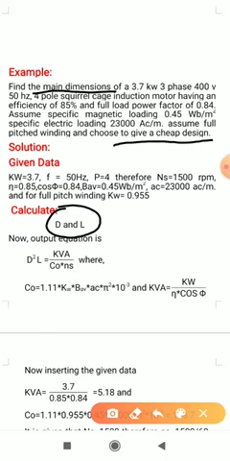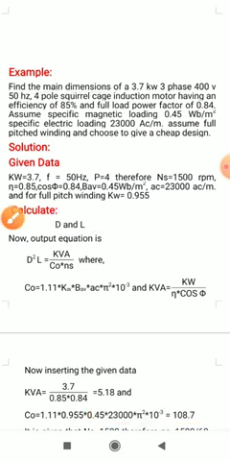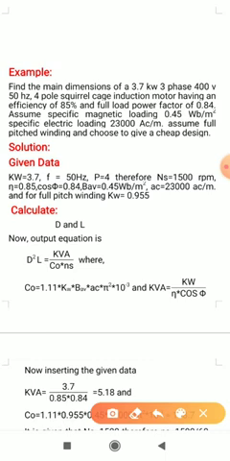And friends, while solving the examples related to the determination of main dimensions, remember one thing: normally the procedure up to the calculation of D square L is the same. Only change in the procedure of separation of the D and L from the D square L product.